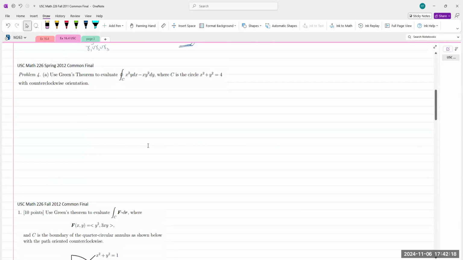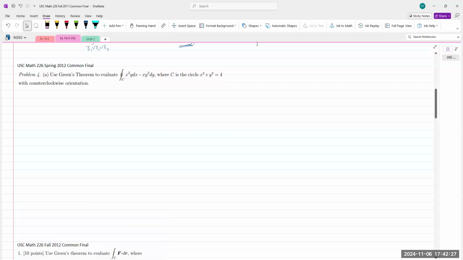This is from Spring 2012, Math 226 USC Common Final. The nice thing is they tell you what to use. In this case, they tell you to use Green's theorem. If we take a look here, this is x squared y, negative x y squared, dot dx, dy.